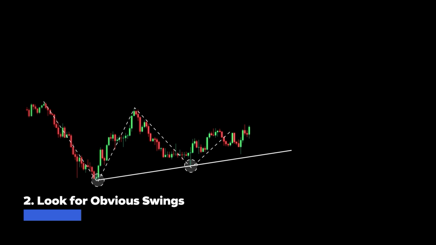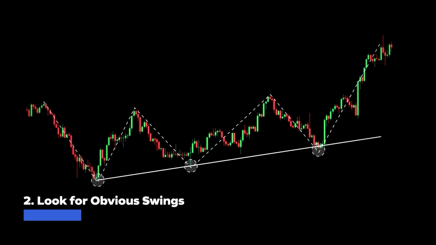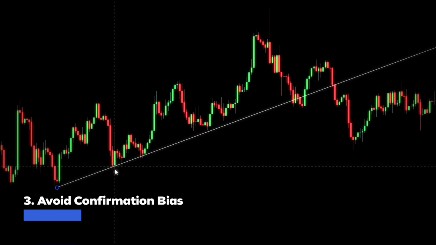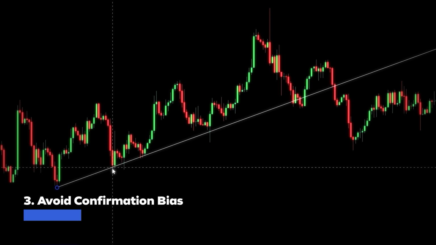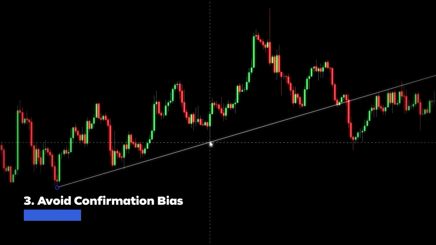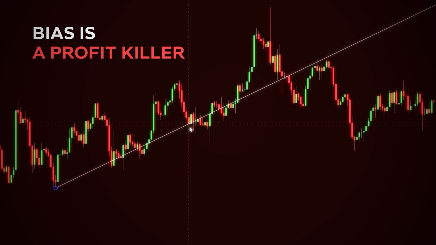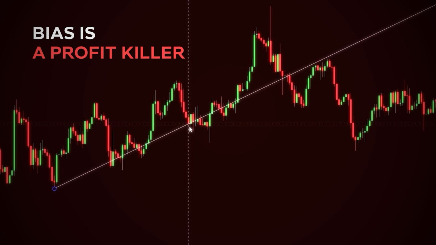Look for trend lines at obvious swings in price, areas where price has strongly reversed and moved away from. And my third pro tip, while any 2 points can make a valid trend line, it's easy to overfit. Avoid placing trends to justify the position you're looking to take. Bias in trading is a profit killer.